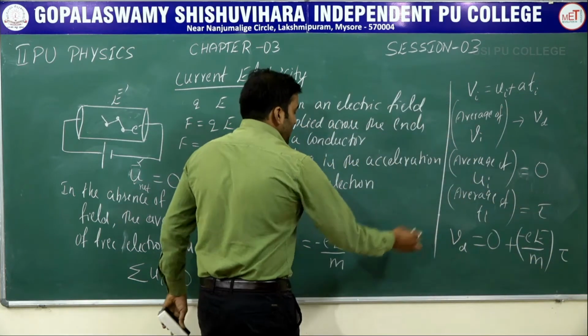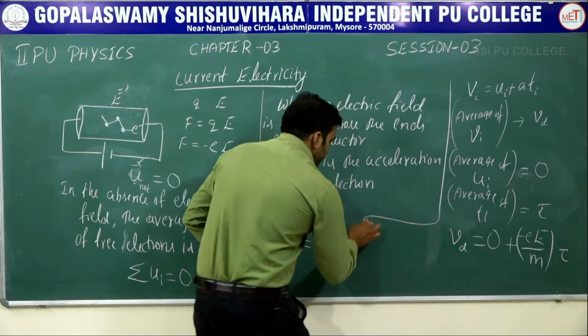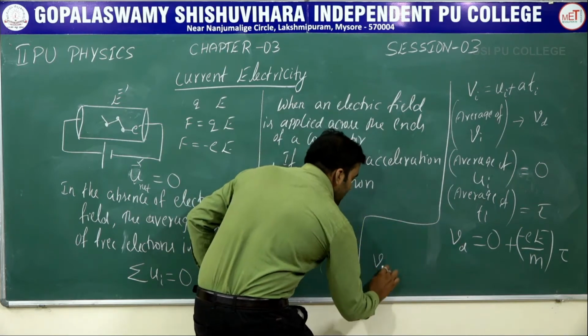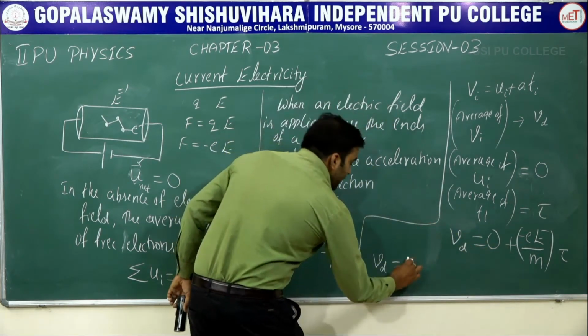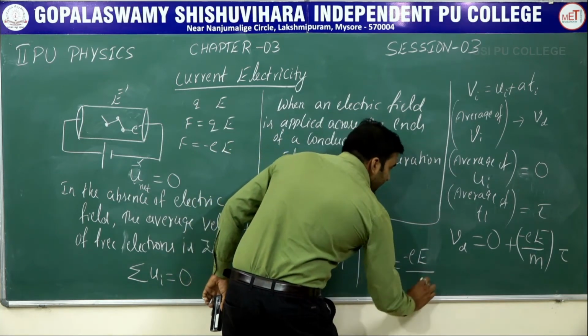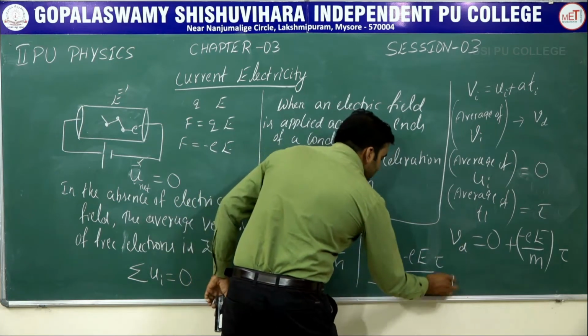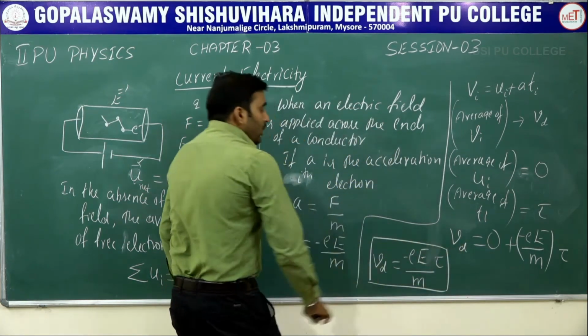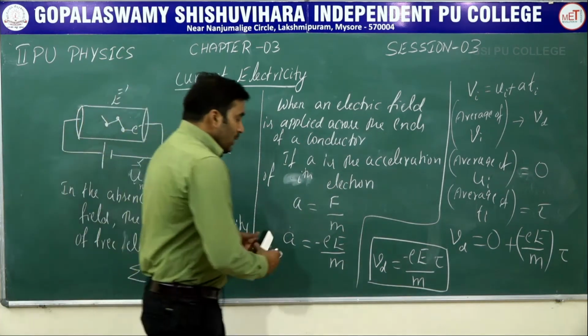So what we can write finally is the final equation. Vd is equal to 0, plus minus of E into E divided by m into tau. So this is the expression for the drift velocity of the free electrons in a conductor.